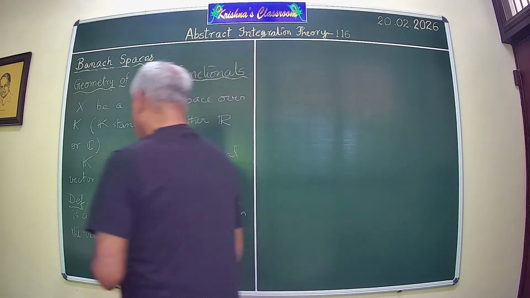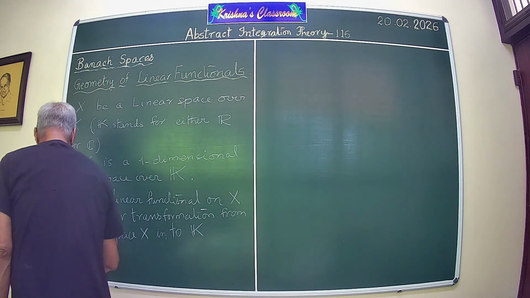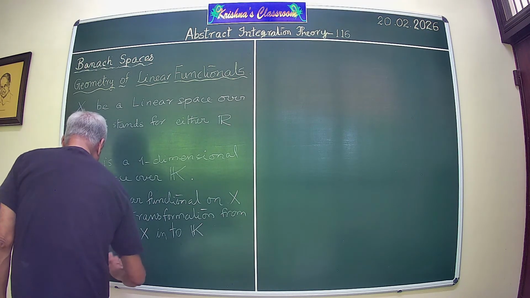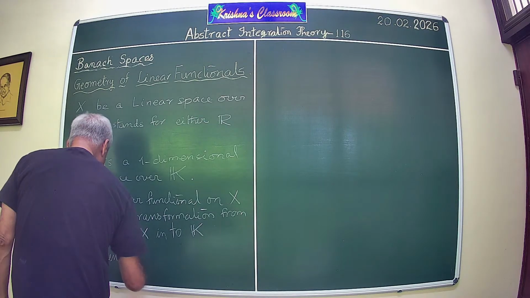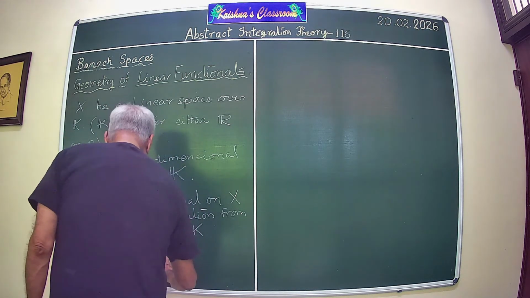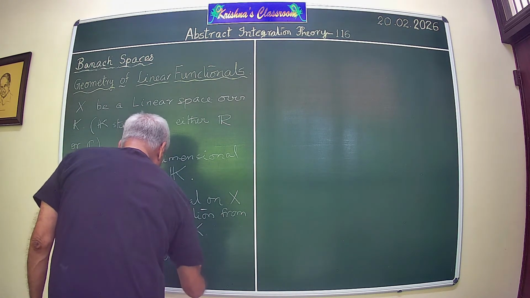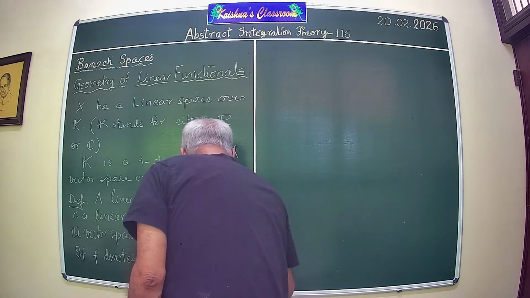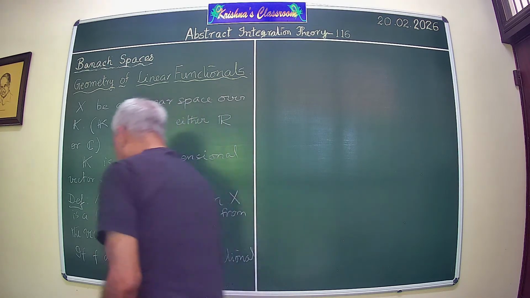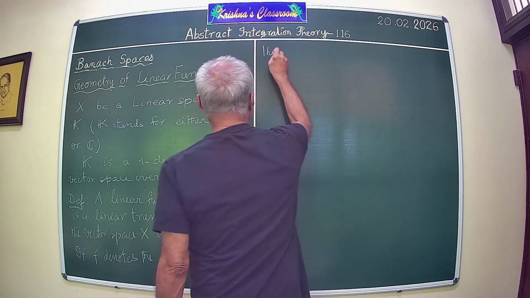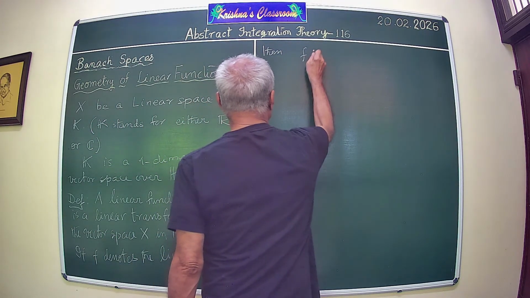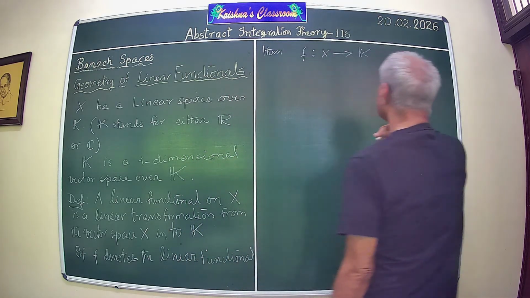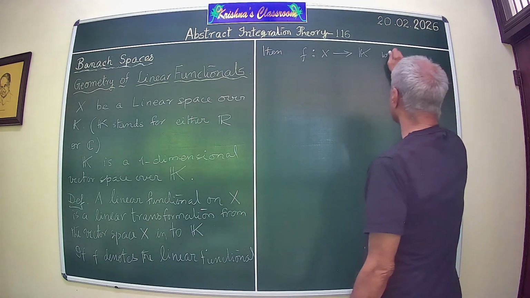Okay. So essentially, if F denotes the linear function, then F is a map from X to K, which is linear.